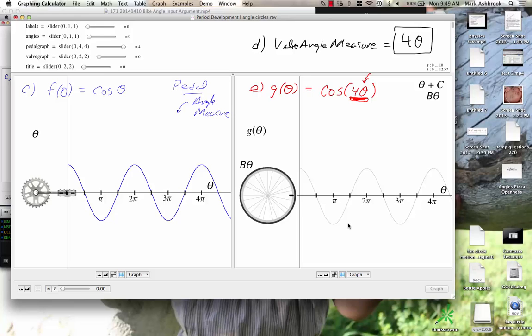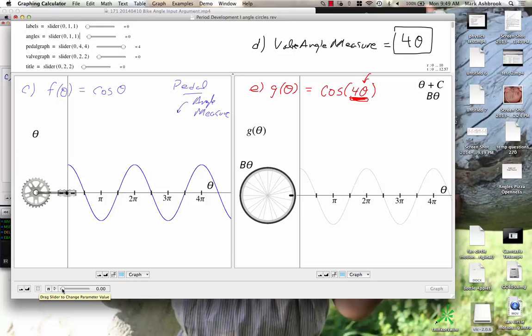Horizontal distance of the tire valve. So watch the tire valve. We're going to track its horizontal distance as the pedal turns. What is it doing? It's rotating 4 times as fast because its angle measure is 4 theta.